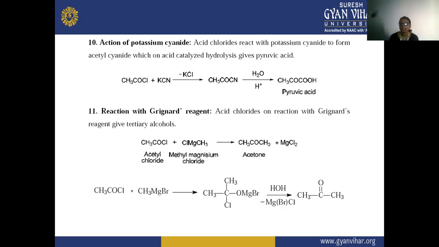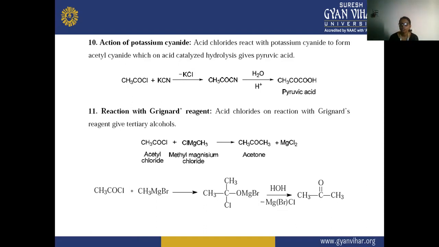So in this, the acid chloride is firstly showing reaction with the Grignard reagent, and it gives tertiary alcohol. So this acid chloride on reaction with the Grignard reagent gives tertiary alcohols.